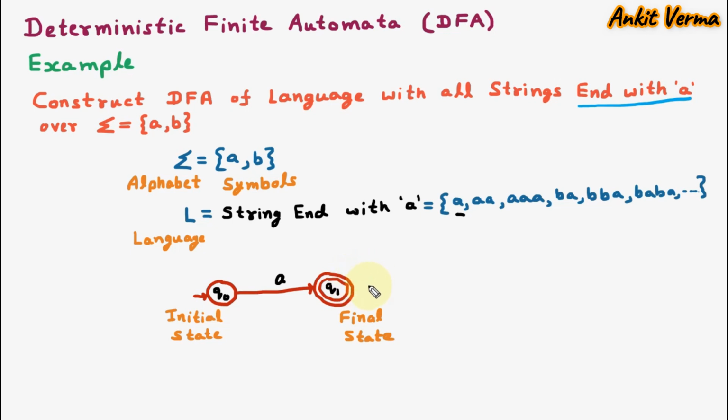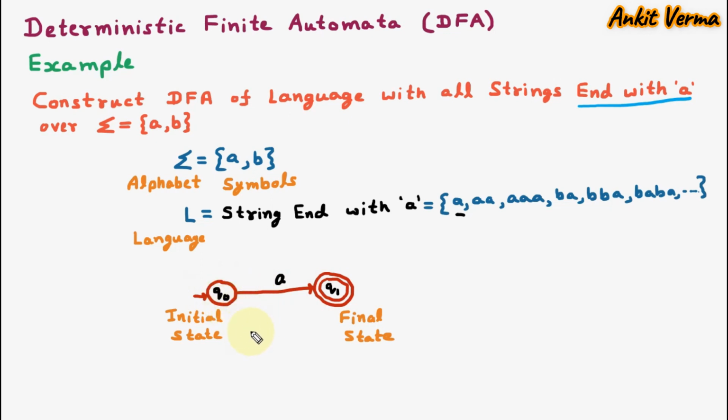Now we are going to modify it. The next important point about the DFA is that every state must have proper moves for the input alphabet. Here we know that A and B are the input alphabet. So in Q0, we should address A and B. We can see that in Q0, the A move is given.